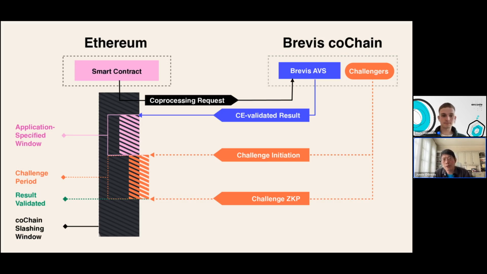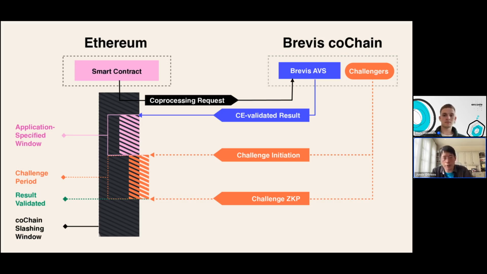In a pure optimistic rollup, there is no final judgment, because you have to depend on a long enough challenge window, and your final defense is that the window is long enough that challengers will submit a challenge. But in our case, it's not like that. This actually depends on different applications.